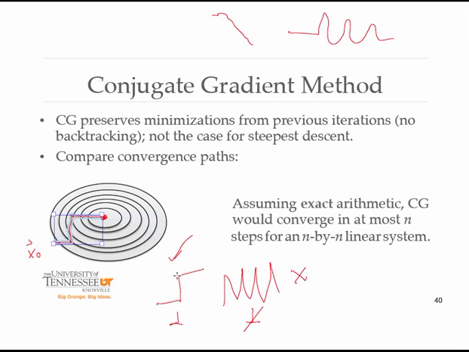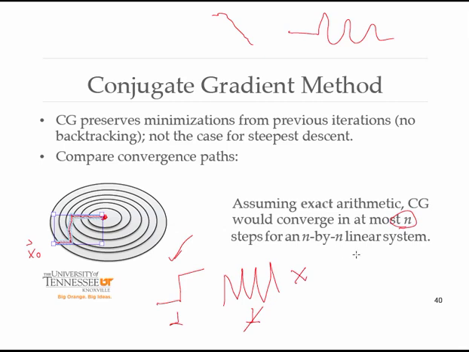What's fascinating about the conjugate gradient method is that if you assumed exact arithmetic, no problems with a machine implementation with finite arithmetic, which we really do have, it turns out in theory that the conjugate gradient method will converge in no more than n steps for an n by n linear system.